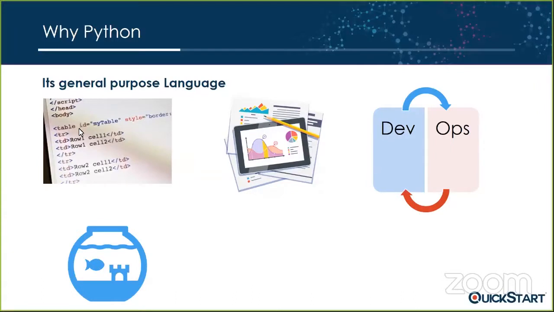For instance, we can create websites using Python. We can perform some kind of data analysis, or even these days, machine learning. Or probably if you are a scientist and your job is to perform some sort of scientific research, Python will be there for you as well.